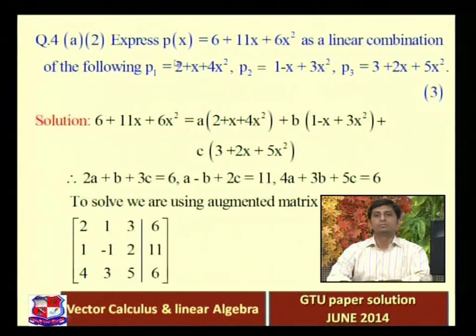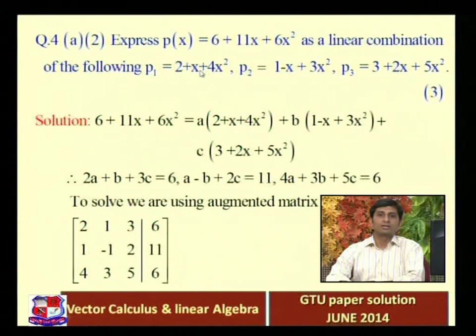So 6 plus 11x plus 6x square is equal to a into (2 plus x plus 4x square) plus b into (1 minus x plus 3x square) plus c into (3 plus 2x plus 5x square). Here we want to express this polynomial.